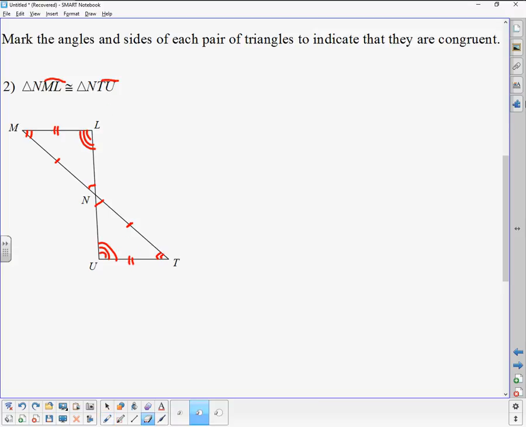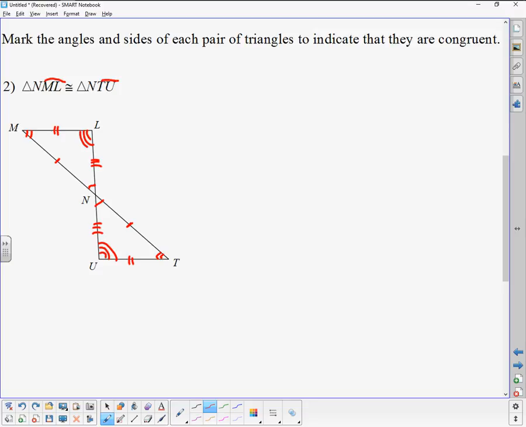Now lastly, it's hard to draw the line, but you look at the first and last letter. First and last letter is NL. NL, I'm going to put three congruent tick marks, 1, 2, 3, and that will be congruent to NU. I messed up somewhere here. It should be NU, with 1, 2, 3.